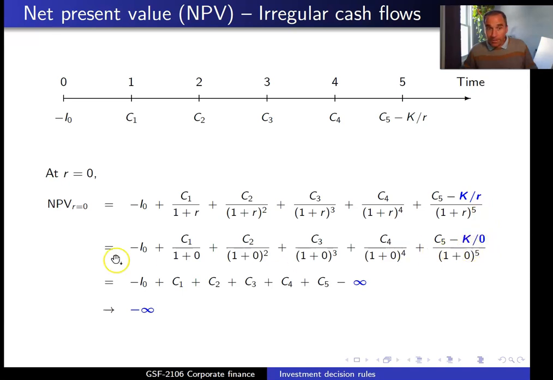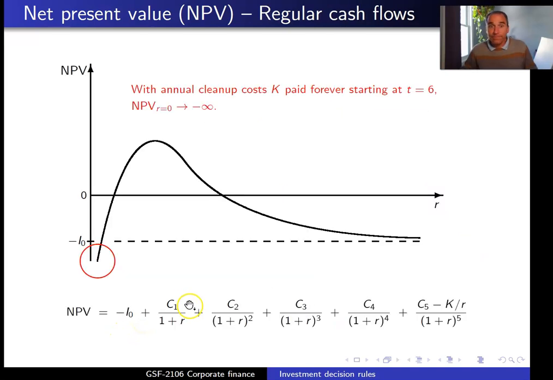So at the end, with a rate of 0, we subtract infinity from the net present value. So the net present value when the interest rate is equal to 0 in this case is minus infinity. On the graph of the net present value here, as the interest rate approaches 0, the net present value drops to minus infinity.